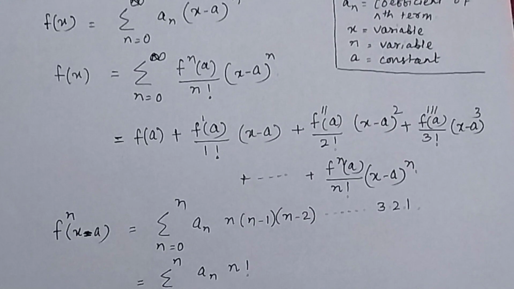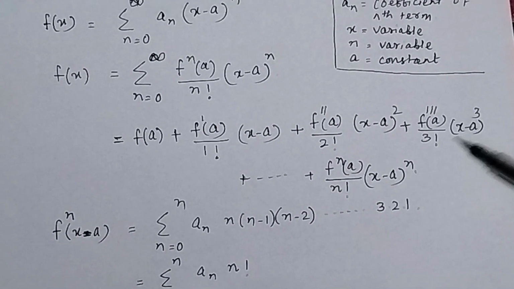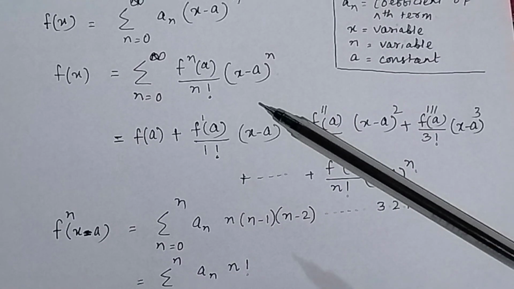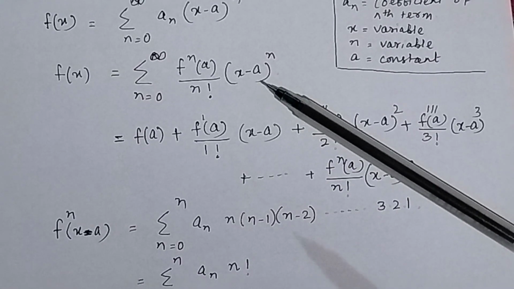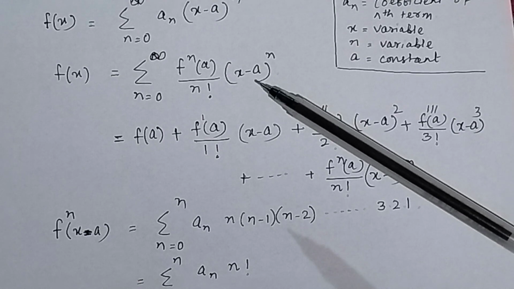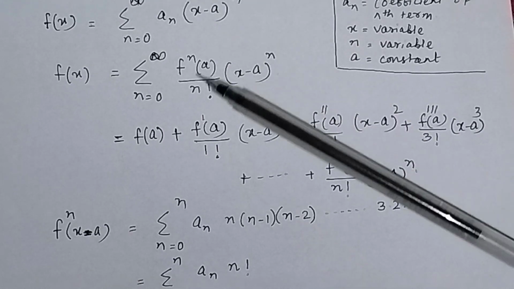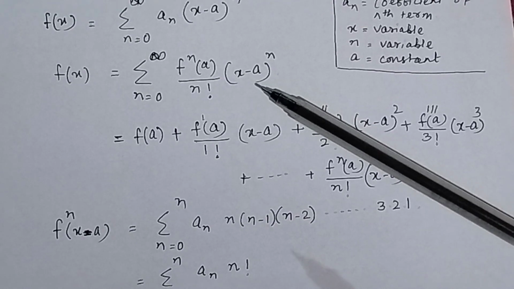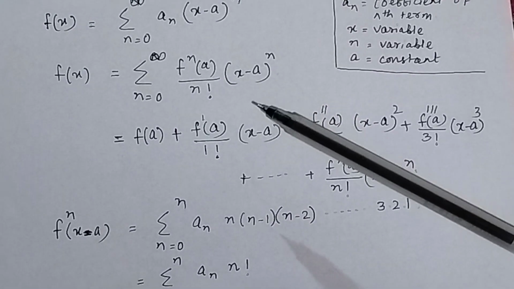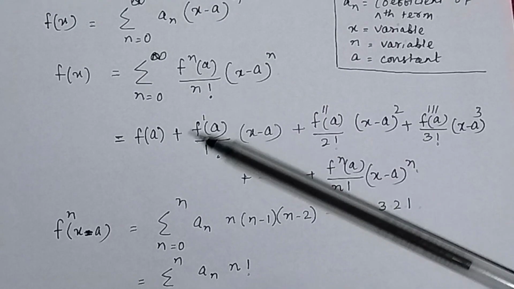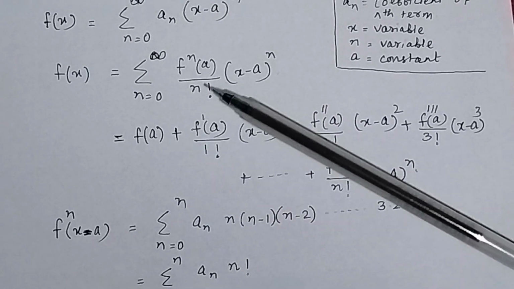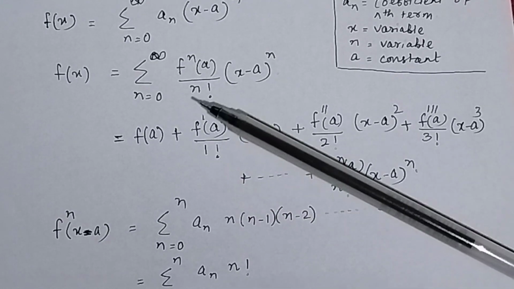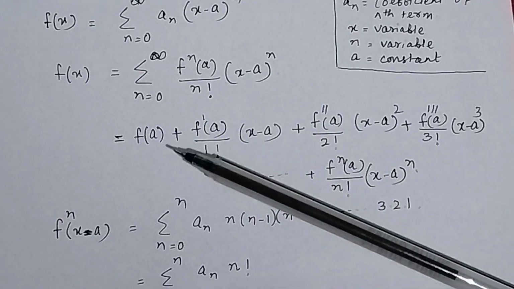So the difference between the Maclaurin series and the Taylor series is that when you plot the function at any point x equal to a, this is your Taylor series, and when you plot the function at x equal to 0, at the origin, it will be the Maclaurin series. And remember, the first term of the Taylor series is the function itself.